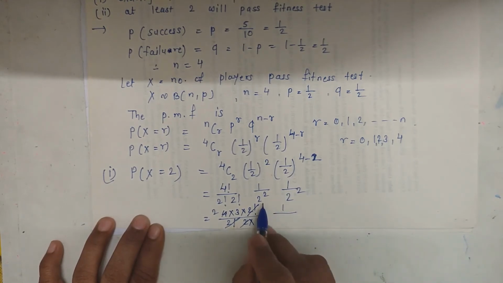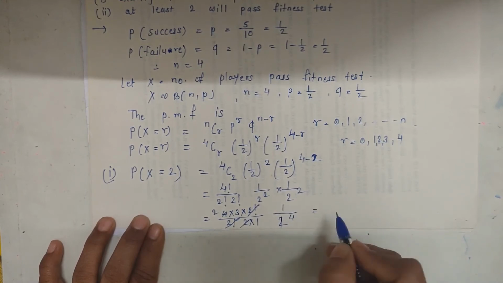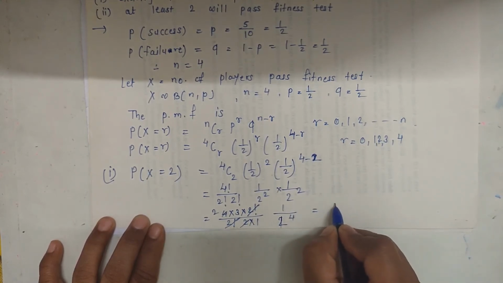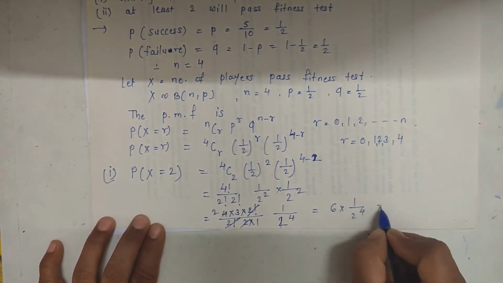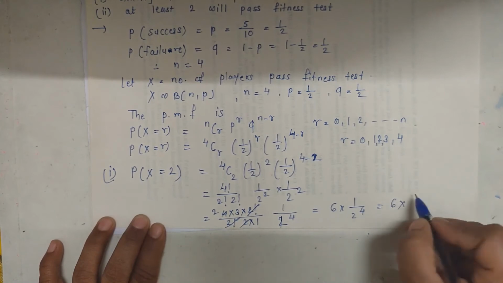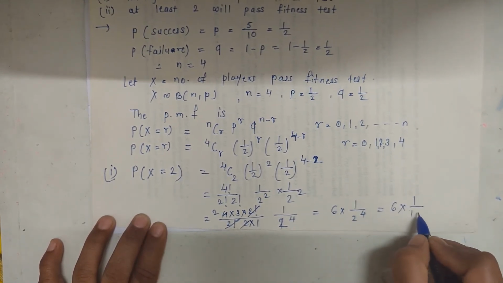And the next term, (1/2) squared into (1/2) squared, that is (1/2) raised to 2 plus 2, 4. So here 6 into (1/2) raised to 4. The value of 2 raised to 4 is 16.